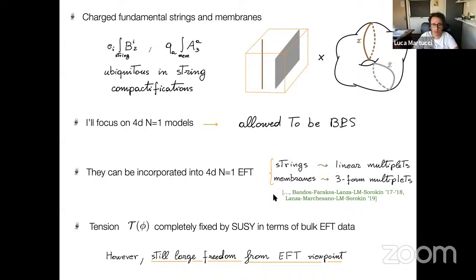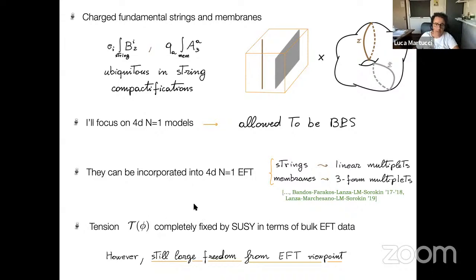So as usual, supersymmetry constrains a lot the structure of such effective field theory, and also of this string and membrane sector. For instance, the tension of these objects, which is generically dependent on the scalar fields, depends on them in a way which is completely constrained by supersymmetry, fixed in terms of the data specifying the bulk effective field theory sector.